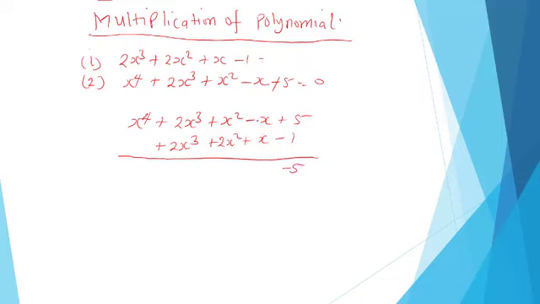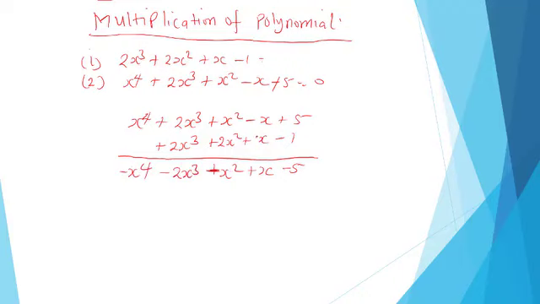Minus 1 times x is minus x. Minus 1 times x squared is minus x squared. Minus 1 times 2x^3 will give you minus 2x^3, and minus 1 times x^4 will give you minus x^4.